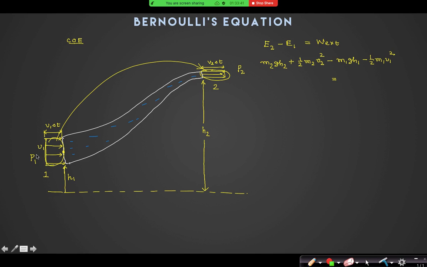If this is my liquid, there is a force from this side, which is P1 into A1, and there is a force from this side, which is P2 into A2. But there is also gravitational force? I do not have non-conservative gravitational force, I have already taken the gravitational effect inside the energy.